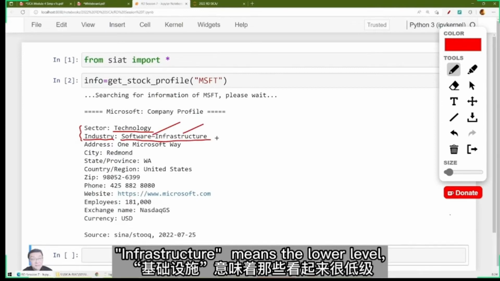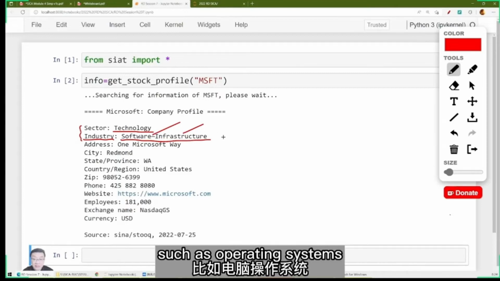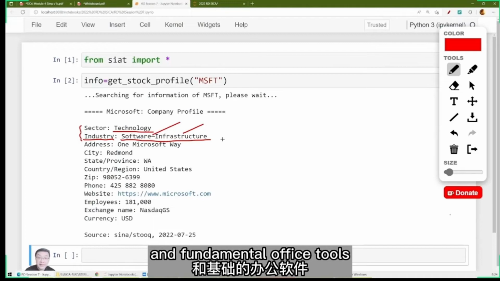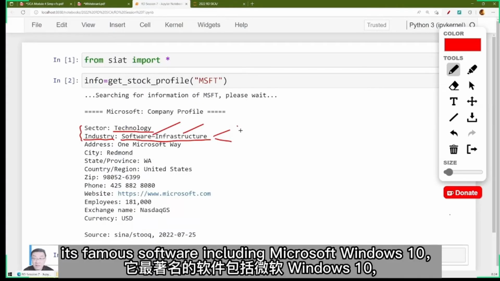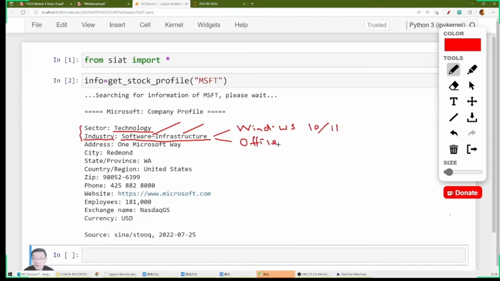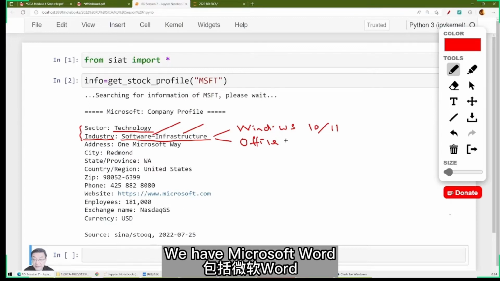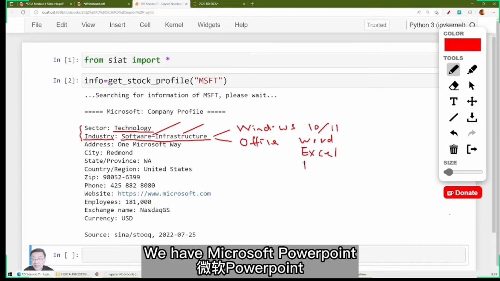Infrastructure means the lower level but critically important software, such as operating systems and fundamental office tools. Microsoft's famous software includes Windows 10 and Windows 11, as well as Microsoft Office, right? We have Microsoft Word, Microsoft Excel, Microsoft PowerPoint.